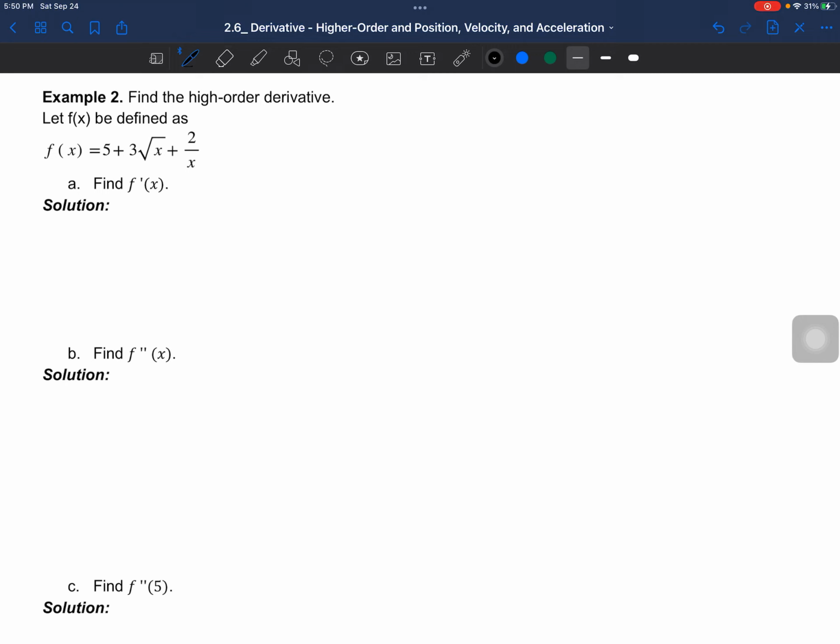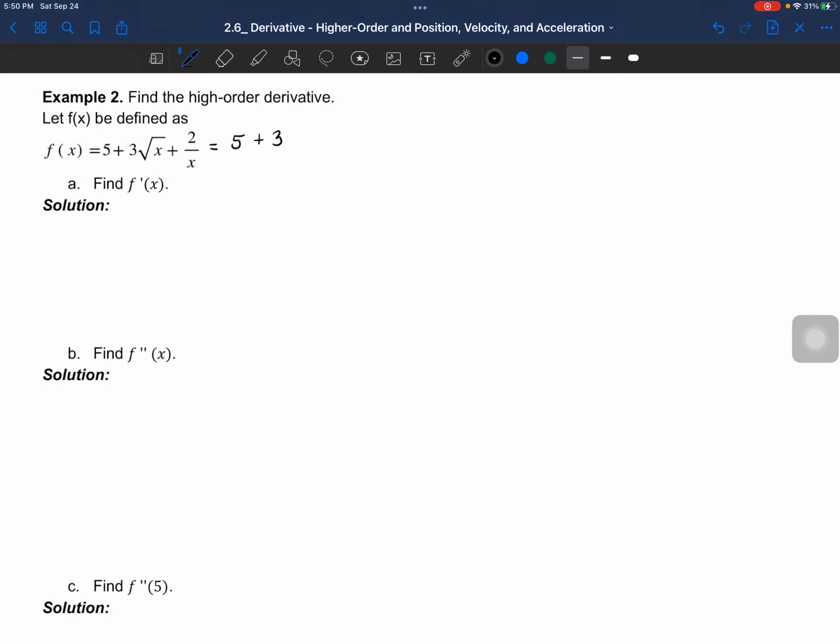We have to remind ourselves that whenever we see a square root or the variable as a denominator, we have other tools, and we need to first rewrite it in power form. So the 5 stays the same.